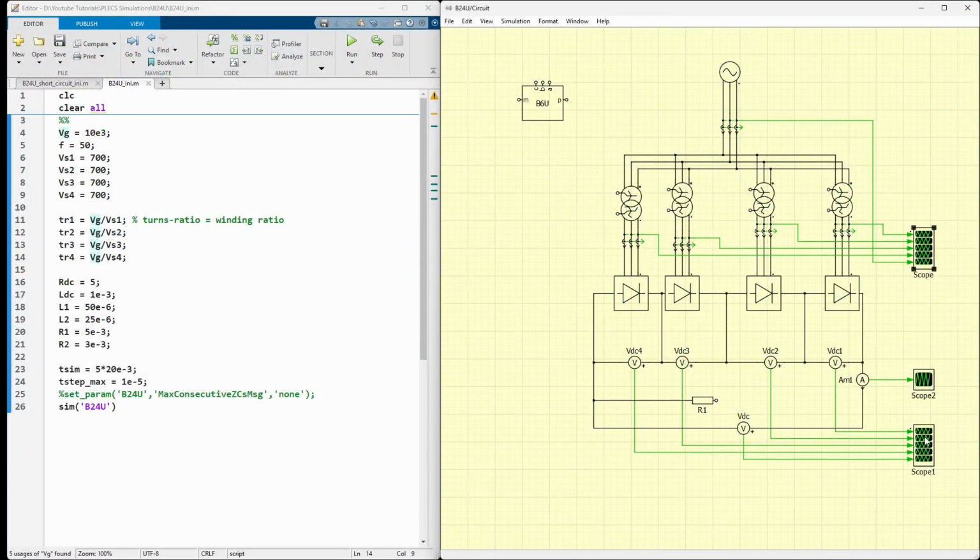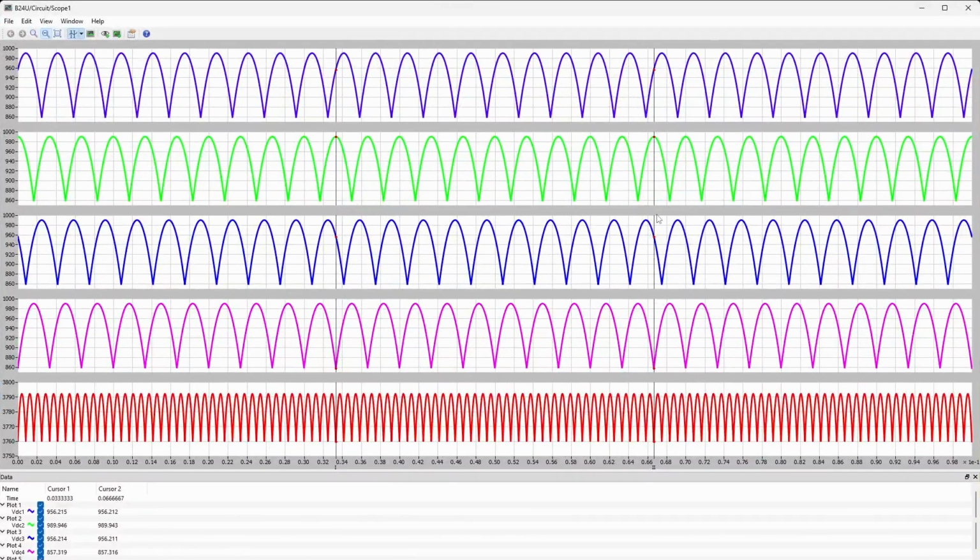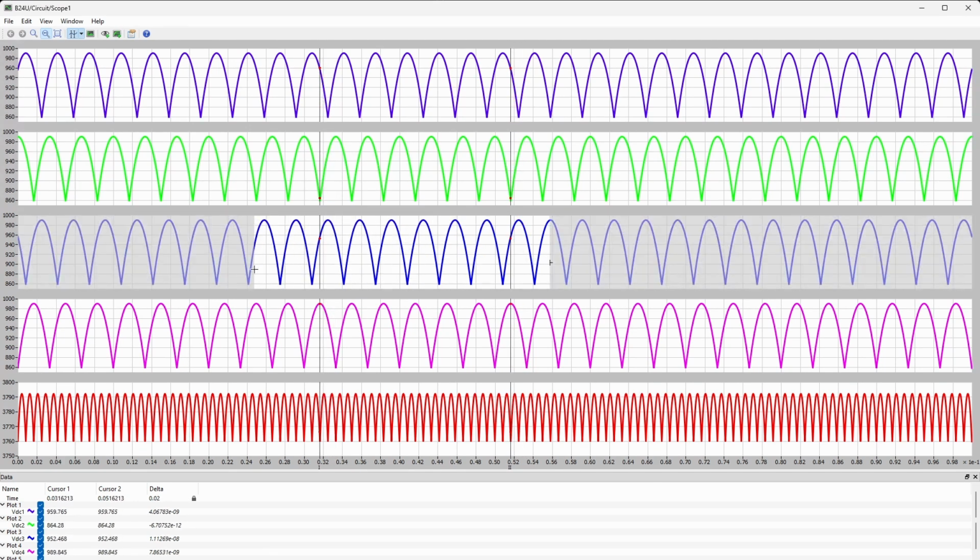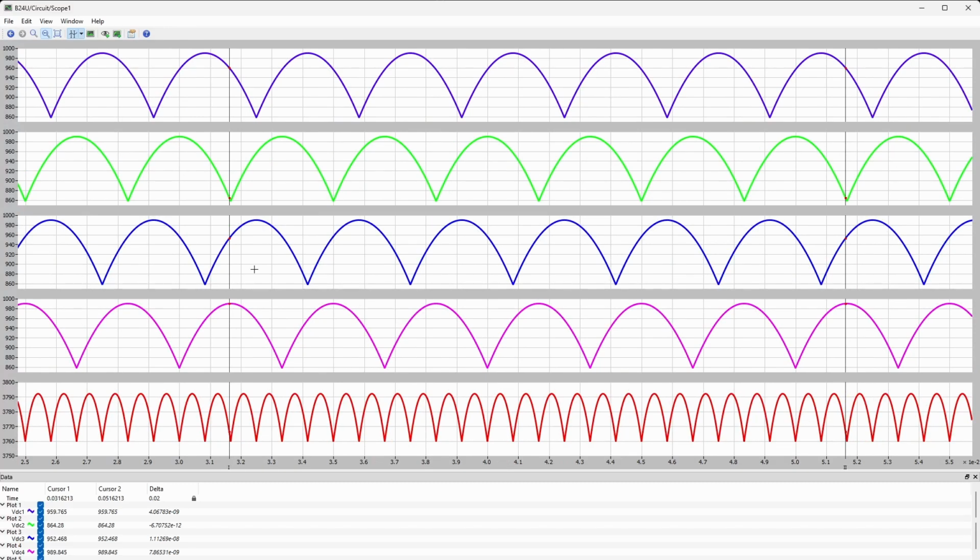If we see the voltages here, I would like to take 1 period. Let's take a delta and specify 20 milliseconds, and we see our cursors. Let's put it somewhere visible and zoom in on that region. If the settings are correct, we should count the number of pulses to be 24. Let's start here.